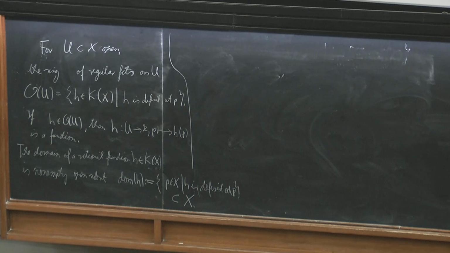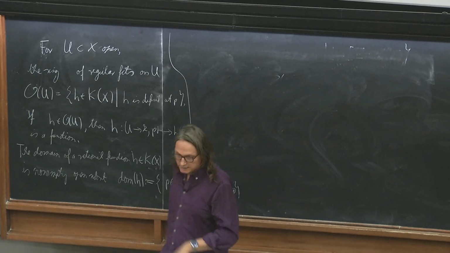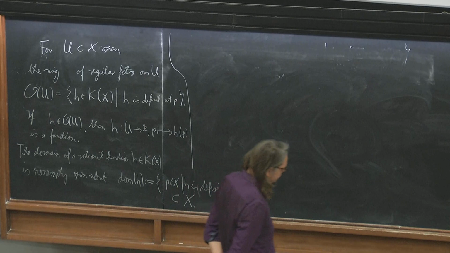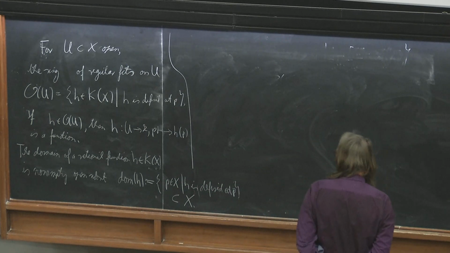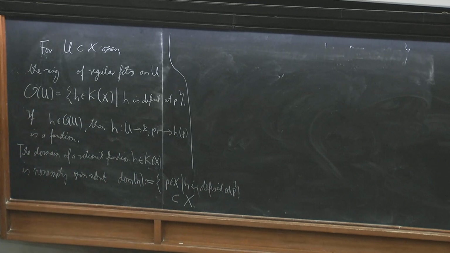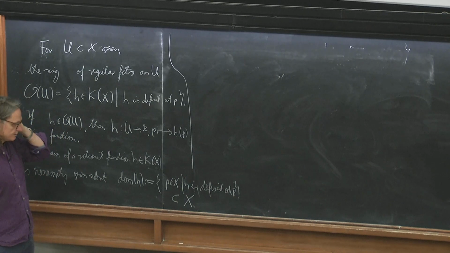Okay, so I have defined for you, both in the affine and in the projective case, what a rational function is and what a regular function on an open subset is. And I have shown you that such a regular function on an open subset actually defines a function from that open subset to K. So that somehow justifies the name.